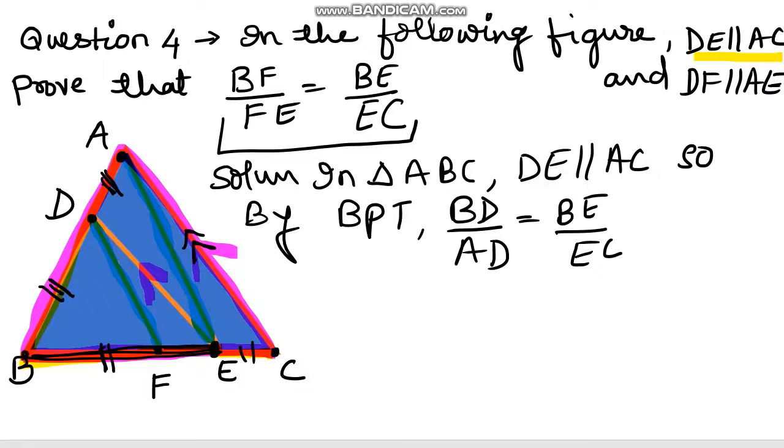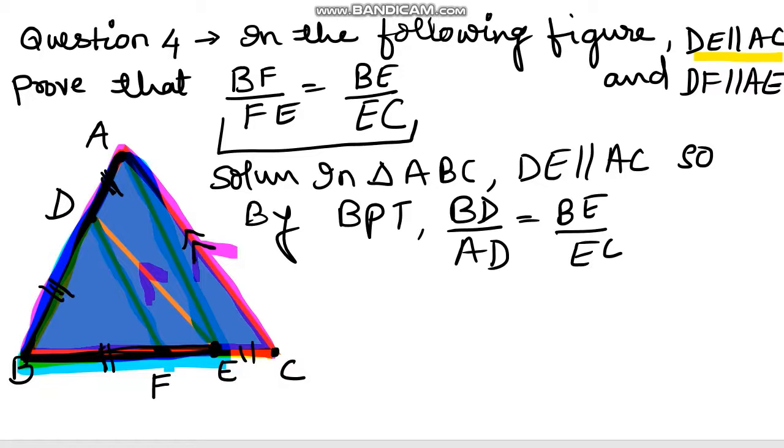That means you have to consider triangle ABE. So by BPT, you will get BD by AD equal to BF by FE, because AE is parallel to DF.